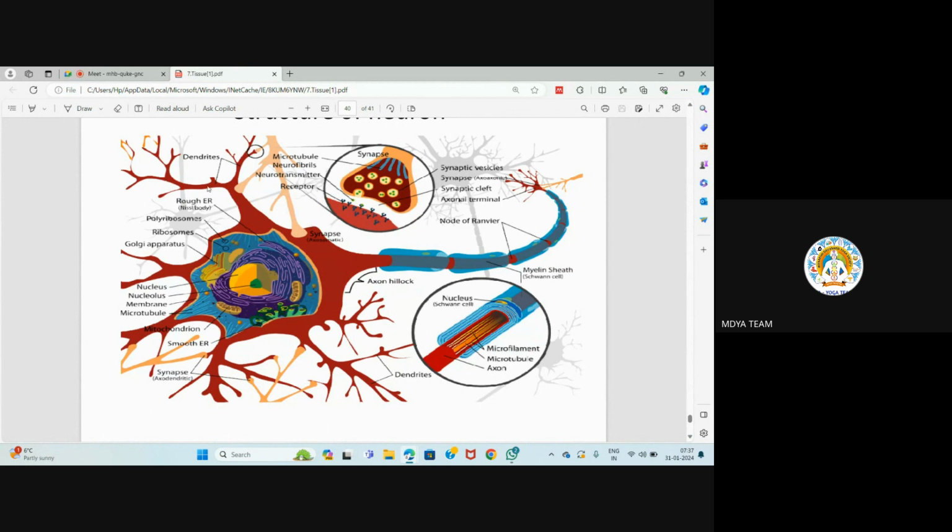Information received by dendrites is processed in the cell body, and it is conducted through the axon, but it is a longer path, so the information conduction may take a longer time. That is why the myelin sheath covers the axon throughout, so that the conducting process becomes faster. The information goes through the axon faster.